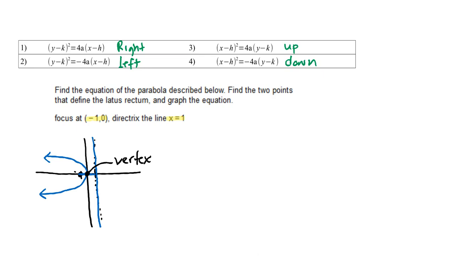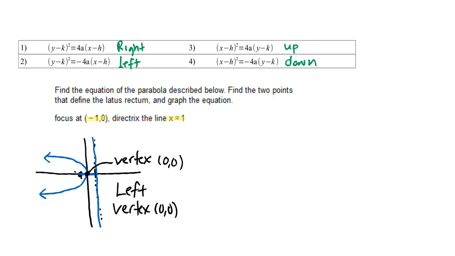So my focus is at (-1, 0), and my directrix is the line x equals 1. Halfway in between those two, we have the vertex, which is going to be at (0, 0). So we have a parabola that's oriented left that has a vertex at (0, 0).